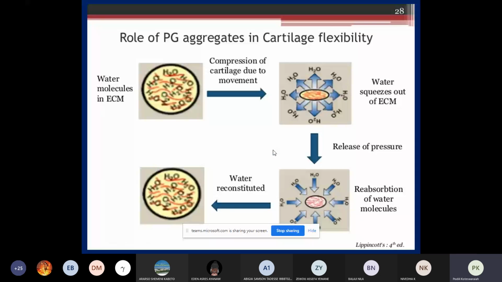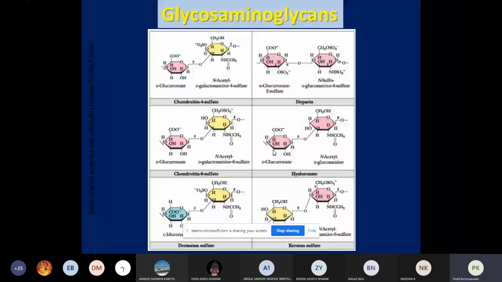And these glycosaminoglycans are classified into two types. One is non-sulfated GAGs. The second one is sulfated GAGs. Among the non-sulfated GAGs, we have only one glycosaminoglycan, which is hyaluronic acid.